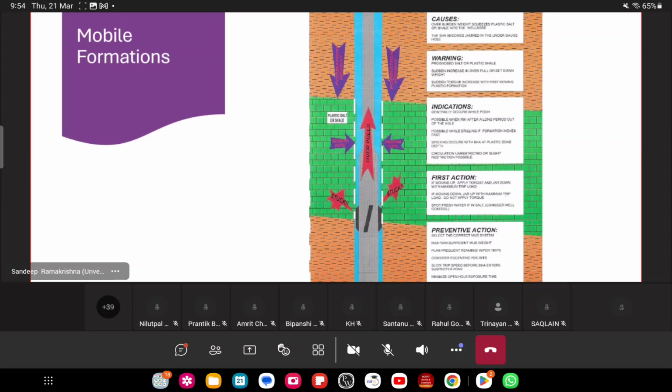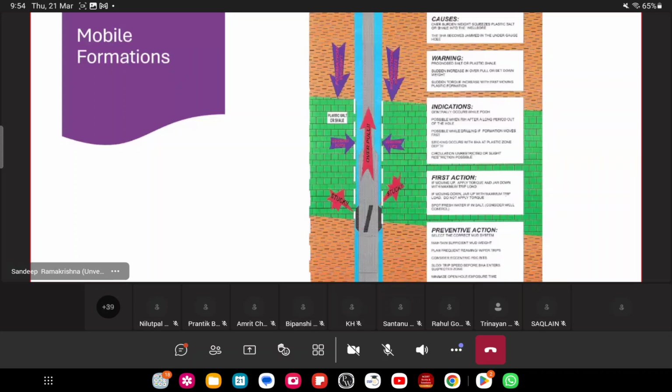Now, something like this, where the formation moves, and in some cases it could also be shales that are like that, which are not very well consolidated and they are moving. What happens in this kind of scenario is that you're drilling through these, but there is a lot of pressure changes that constantly keep happening.